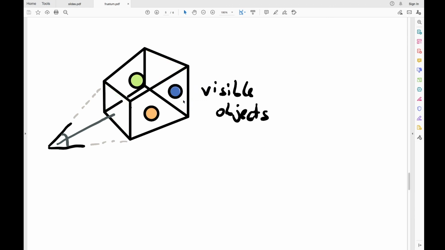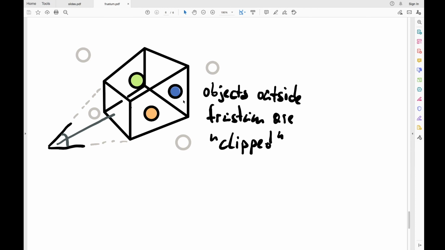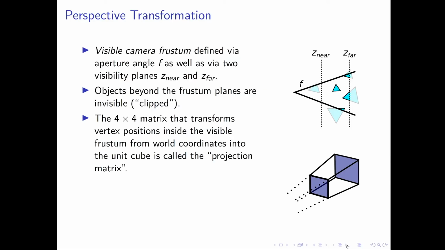Objects that are inside the visible frustum are visible, and objects that are outside the visible frustum get clipped. So there is another 4x4 matrix, the so-called projection matrix, that is concerned with transforming vertex positions inside the visible frustum from world coordinates into the unit cube and eventually into window coordinates.